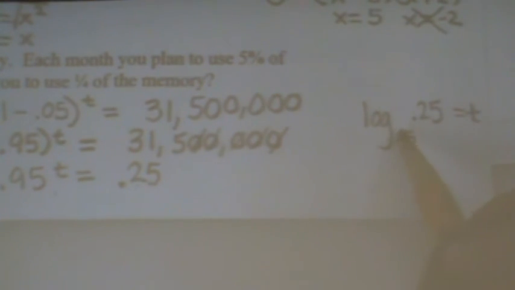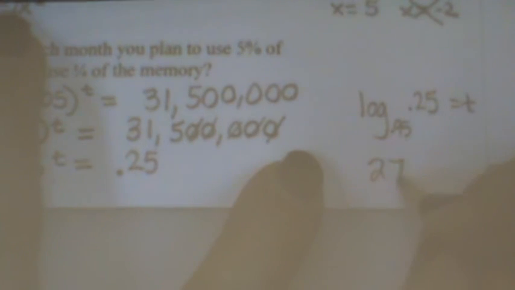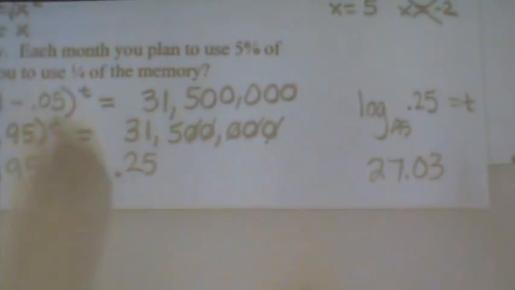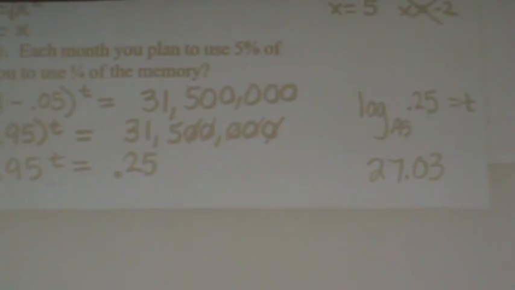On your calculator, if you have the Inspire, you're gonna type log, in the small box 0.95, in the bigger box 0.25, and you should get 27.03. Tell me if you get that. You get that? Yep. Okay, now one more, flip to the other side.